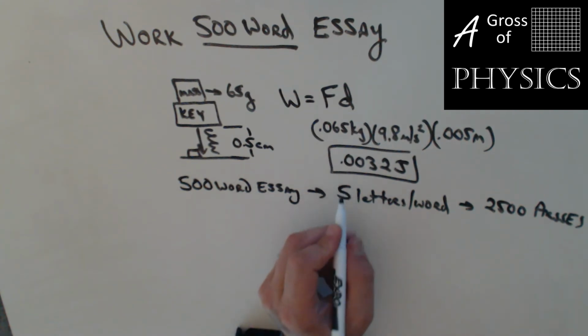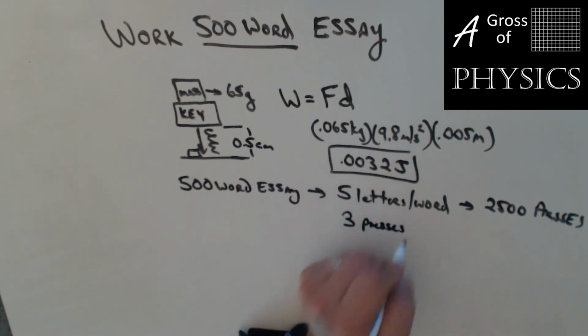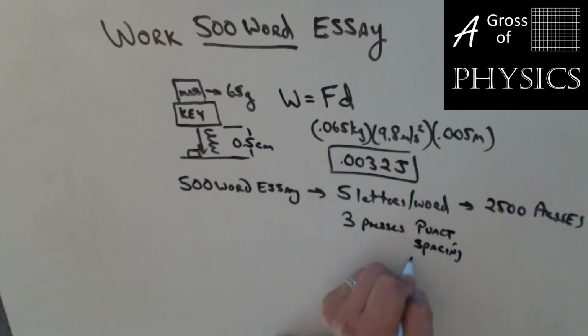That being said, let's just assume that each word itself requires 3 presses for punctuation, spacing, and backspace. Give or take.